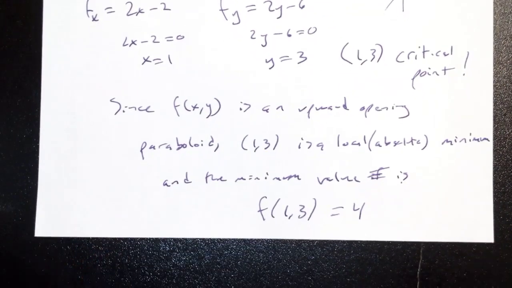So not only do I know where the critical point is, I know what the minimum value is. The minimum value is 4. Plug in 1, 3, I get out 4. That's my lowest height.